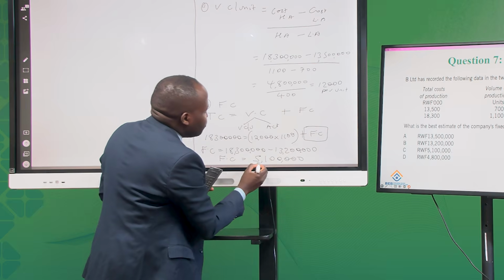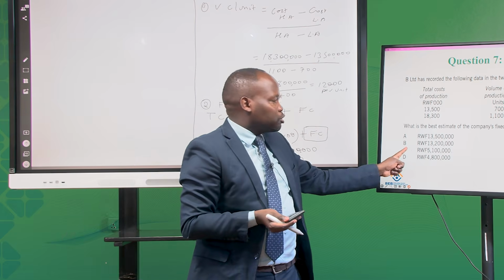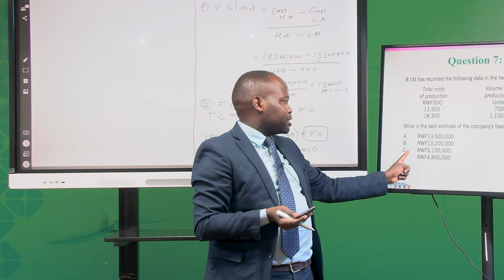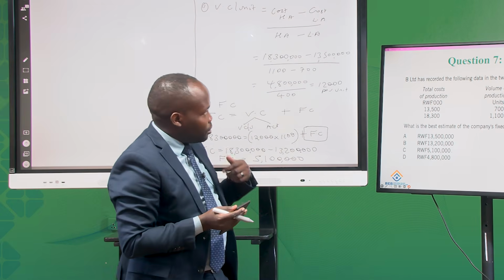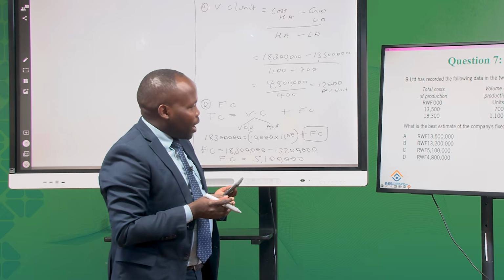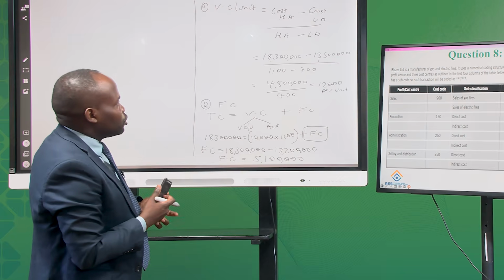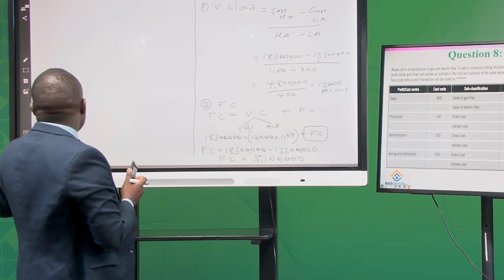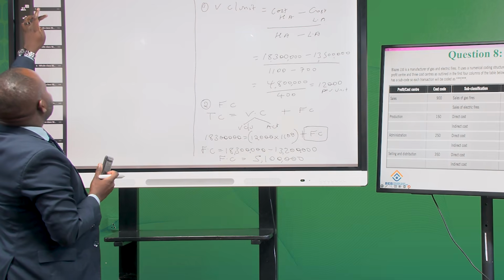So 5,100,000 is our fixed cost. Now we come to the answers and check on that. So our answer is C, 5,100,000. Let's go to another question on the same topic but a different subtopic.